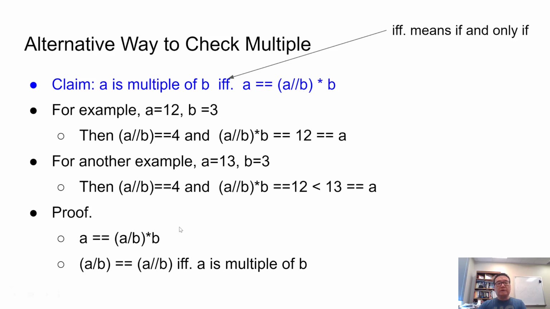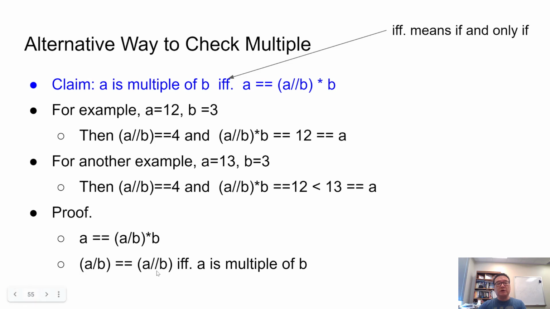So here we offer a proof. First, A is the same as A divided by B then multiplied by B. This is just, I guess, the definition of division that makes this true. And second, A divided by B, which could be fractional, equals A integer divided by B if and only if A is a multiple of B, because integer division is defined as A divided by B and then rounding down.